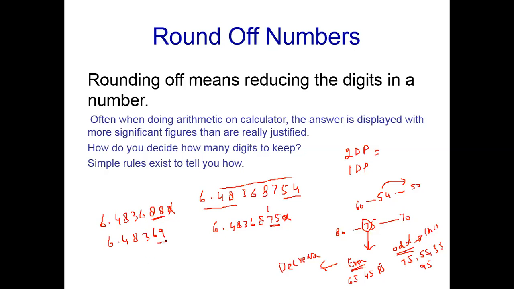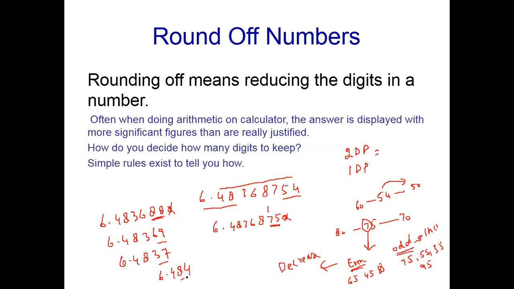Again we have 69. 69 is close to 70, so you can write 6.483 and 7. 7 means 70. Again we have 37. 37 is close to 40, so you can write 6.4, 8 and 4.